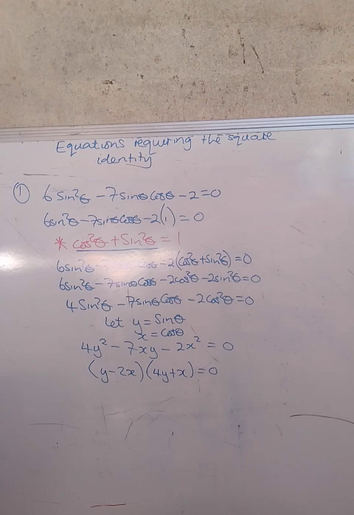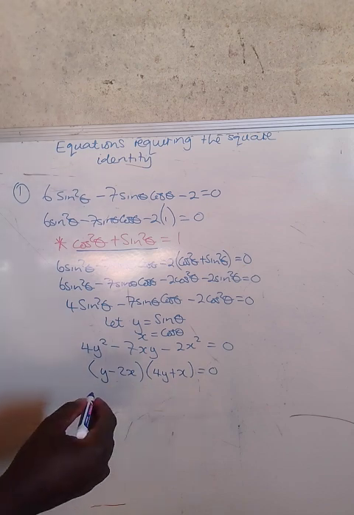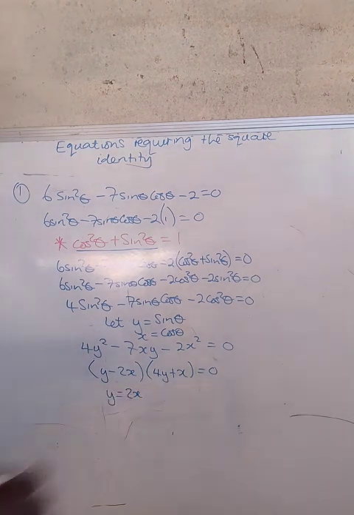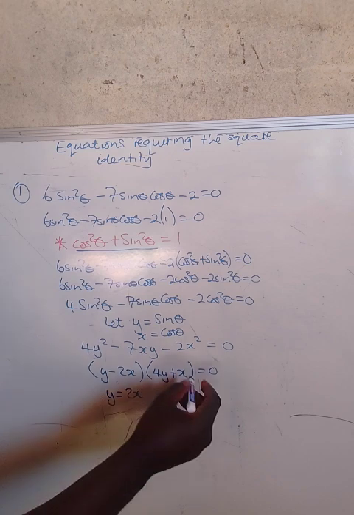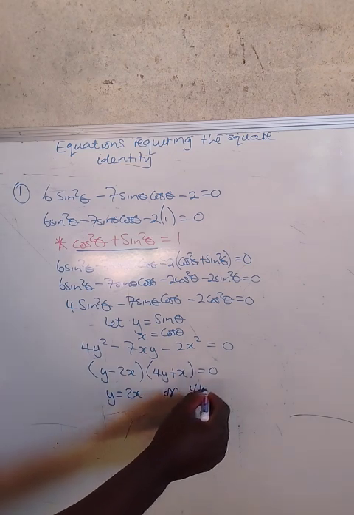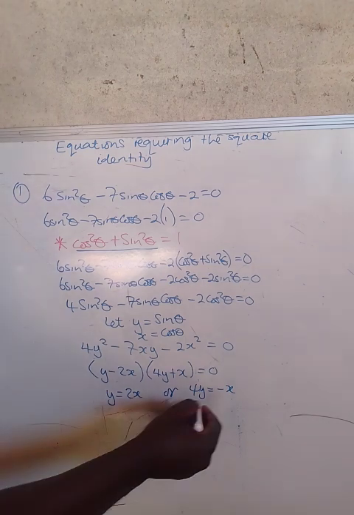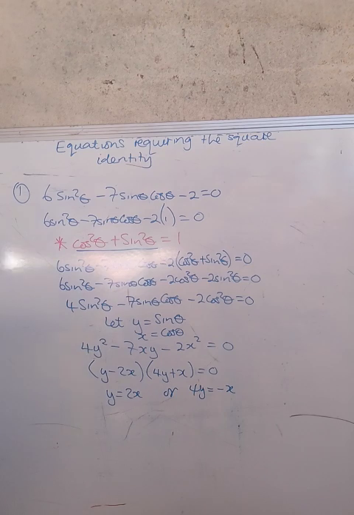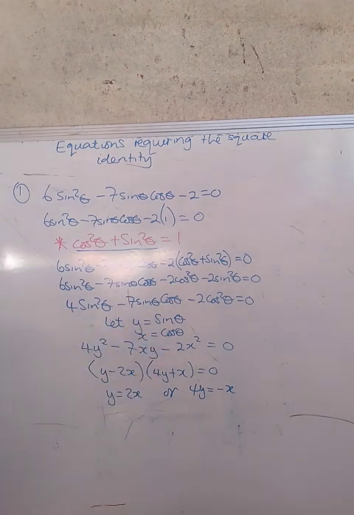Right? From there, what do we do? From there now, we can make y the subject of the formula. We can say y is equal to 2x for the first bracket, or 4y is equal to minus x, like this. Let's just leave it like that. Let's substitute sine theta and cos theta.